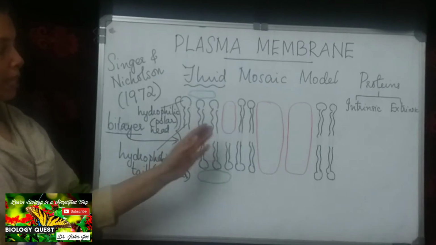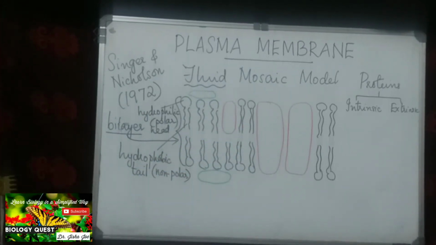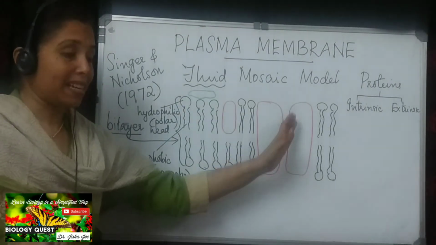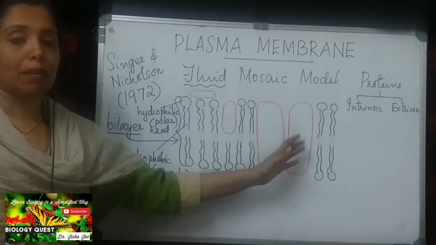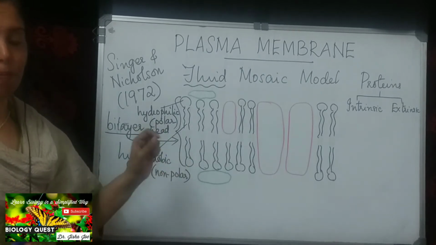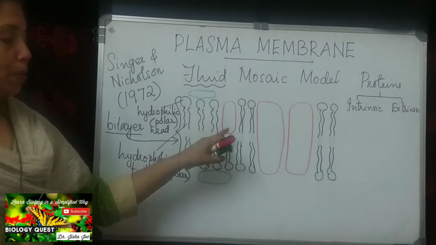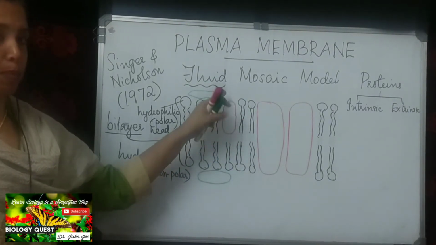If you look at the integral proteins, they are again of two types. Certain integral proteins traverse the entire width of the plasma membrane. Such integral proteins are called transmembrane proteins or tunnel proteins. Whereas certain smaller proteins have only one surface exposed.